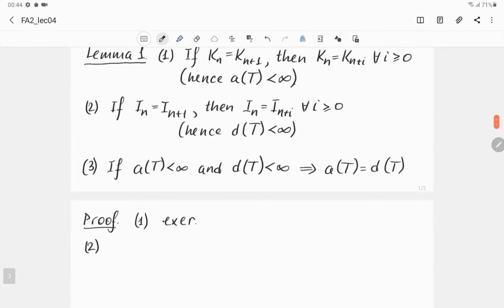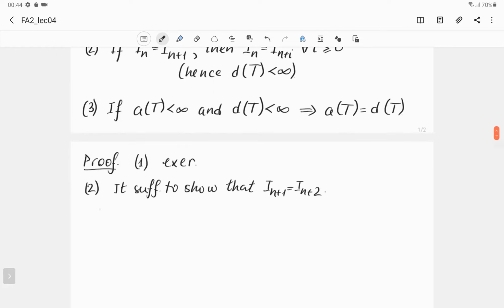Indeed, to prove 2, it suffices to show that R_(n+1) equals R_(n+2), because if this is the case, then we apply it again, and we see that R_(n+2) equals R_(n+3), and so on.